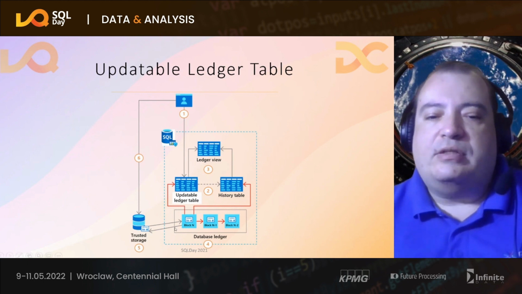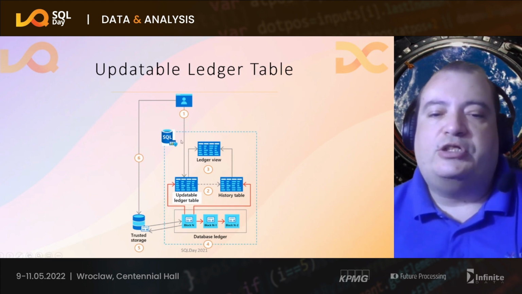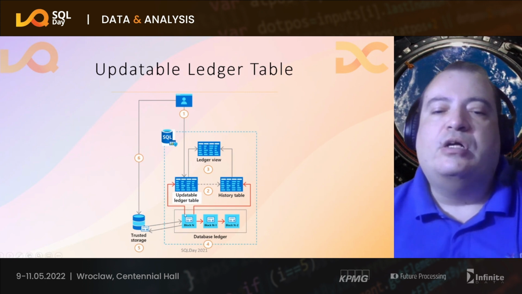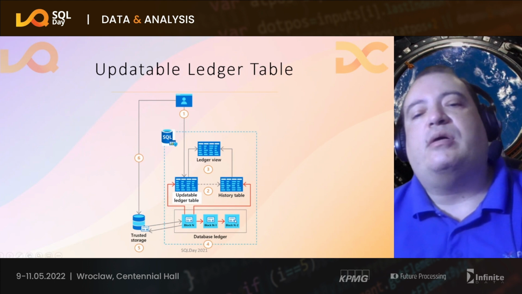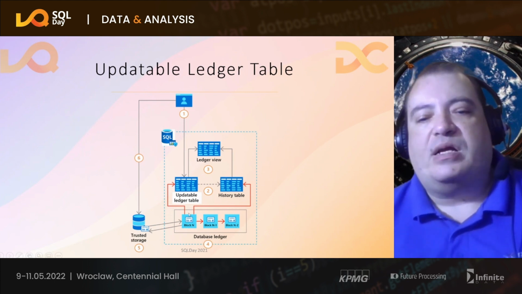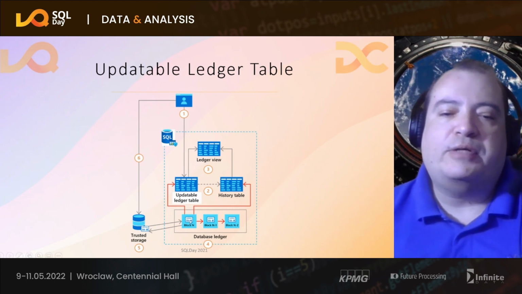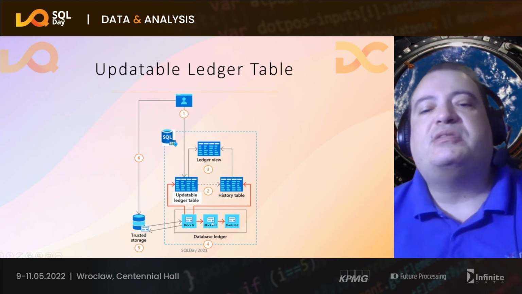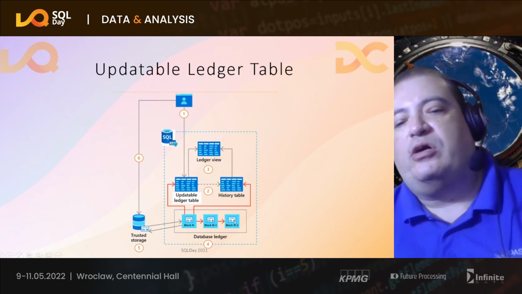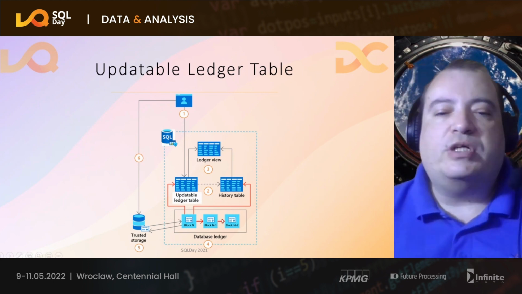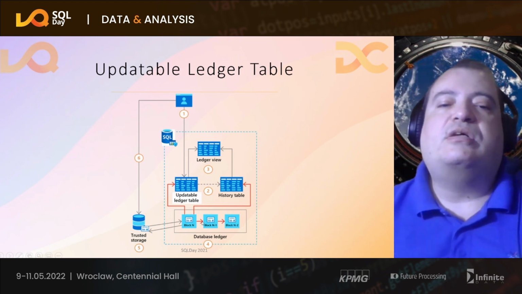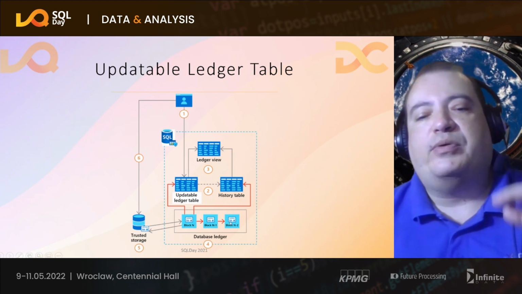And behind the scenes, every insert or change on a record generates a record of the transaction and a digest block, which forms a chain of hashes of these blocks, ensuring that our data has not been tampered with.